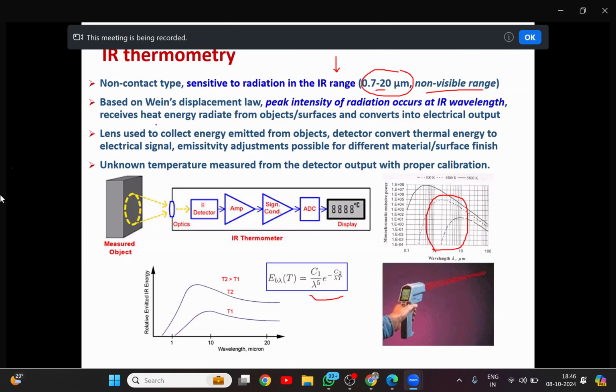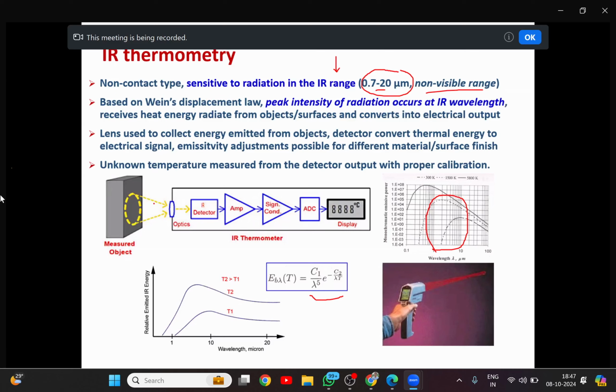So the principle is this: every object will emit electromagnetic radiation. You are pointing at this object whose temperature you want to measure. The electromagnetic radiation from this surface will have a large range, and the radiation in the IR range is collected using this optics.